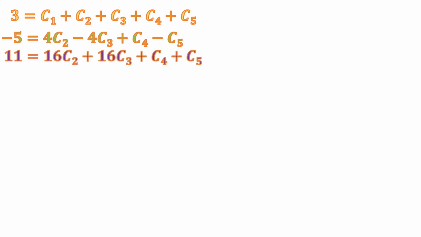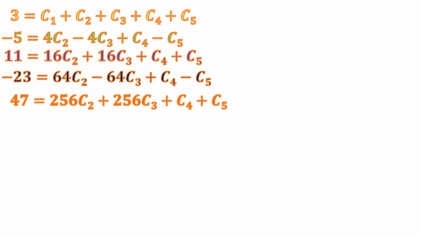And then we also got 11 equals 16c2 plus 16c3 plus c4 plus c5. Then we have negative 23 equals 64c2 minus 64c3 plus c4 minus c5. And we also have 47 equals 256c2 plus 256c3 plus c4 plus c5. That is actually the last equation that we got.